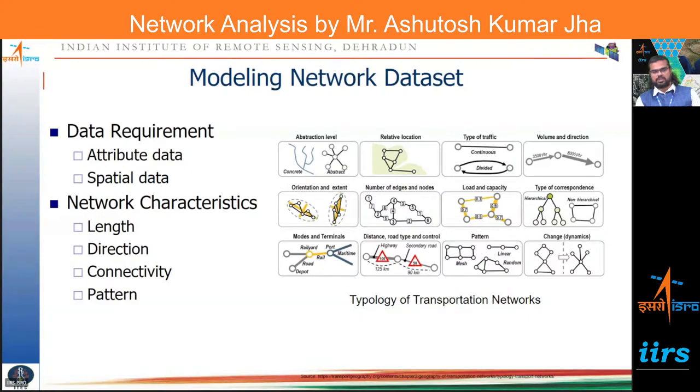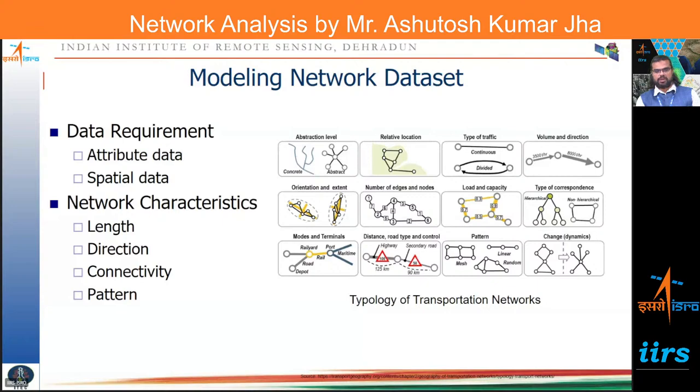This can also indicate whether the data set has one-way traffic or two-way traffic, or other special information like the flow of vehicles or materials in a particular direction, so that we can carry out accumulations or other kinds of reports.